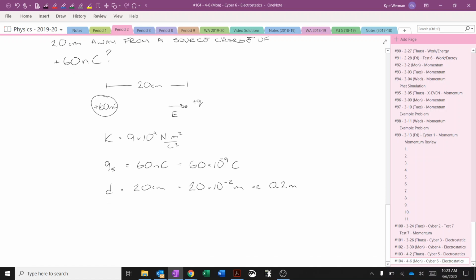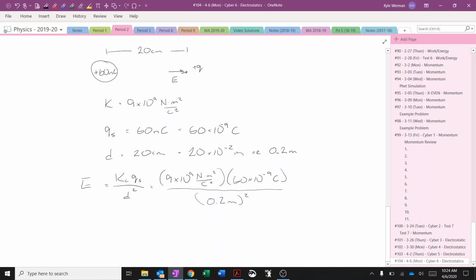And now it's just plugging in. Our field strength, E, is equal to K, Q of the source, over the distance squared: 9 times 10 to the 9 newton meters squared per coulomb squared, times the source charge, 60 times 10 to the negative 9 coulombs, all over the distance squared, 0.2 meters squared.